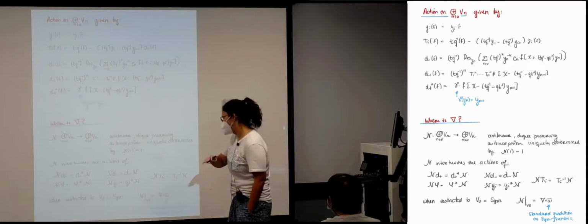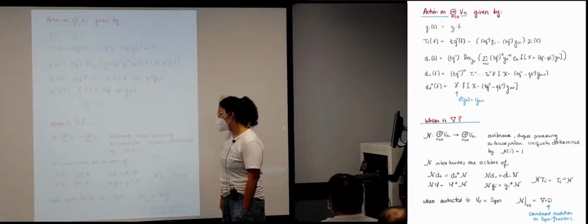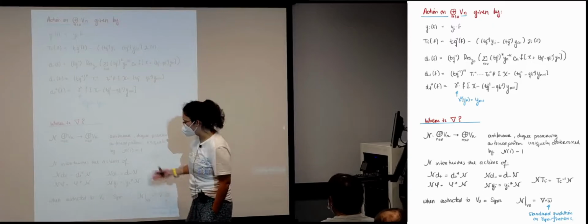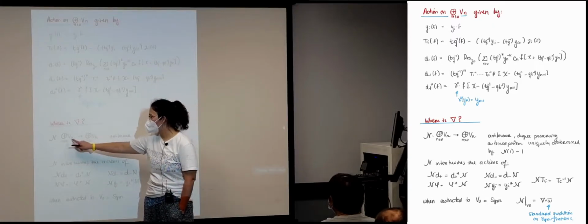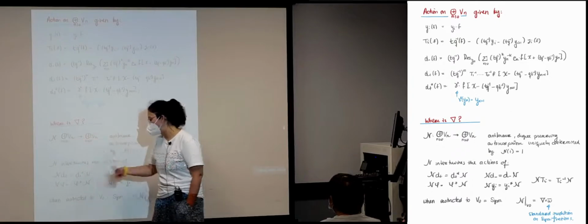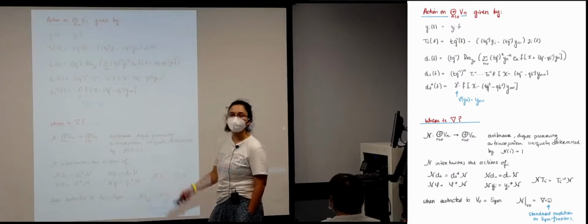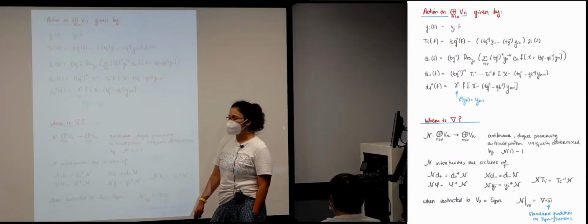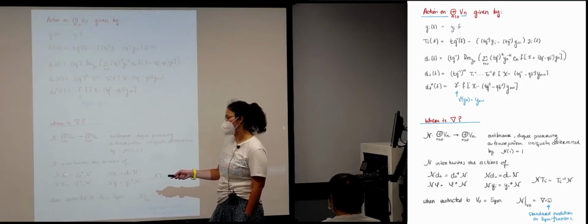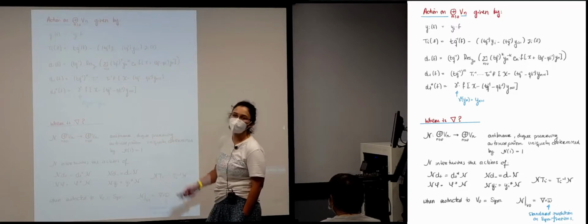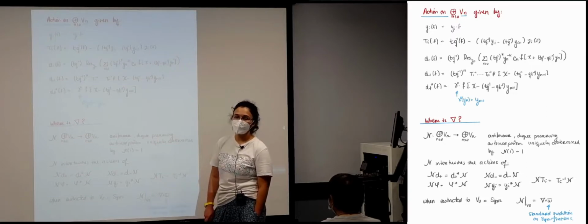There's a piece that I'm skipping over, which makes this actually make sense, which is the fact that you can show that each of these Vn's can be generated by the D pluses. So it's sufficient to define how n interacts with the D pluses to actually know how it acts on each of the vector spaces.